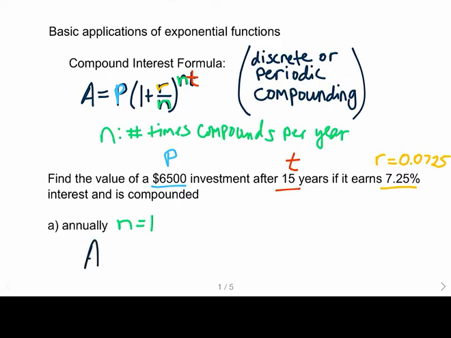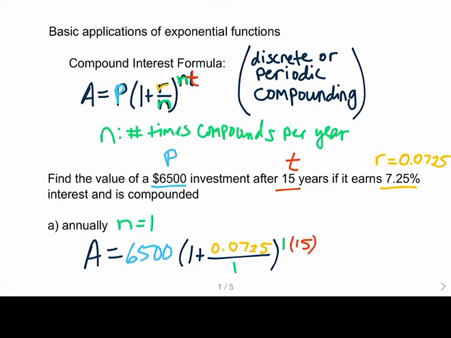So A is equal to the $6,500 that's being invested times 1 plus R, which is 0.0725, divided by N, which in this case is 1, but I'm still going to write it to flesh out the formula. End the parentheses, and then to the 1 times T, which is 15, according to what was stated in the problem.